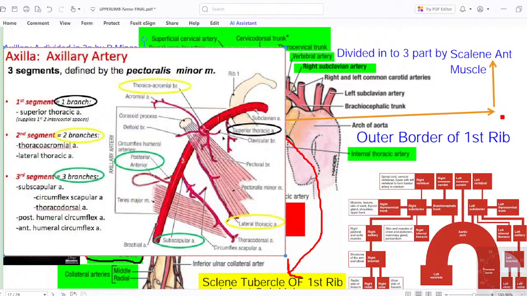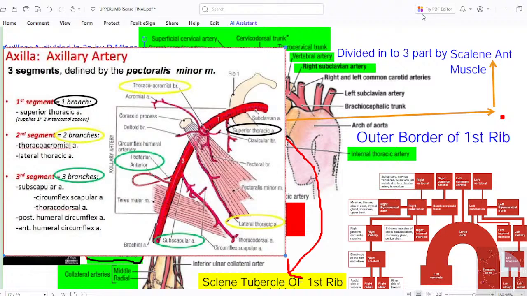And these three segments are divided by which structure? The pectoralis minor. Yes, pectoralis minor. And which structure divides the axillary artery into the brachial artery? That is another muscle: teres major.